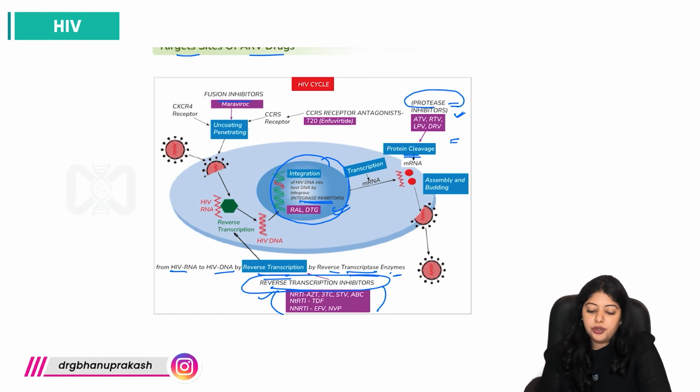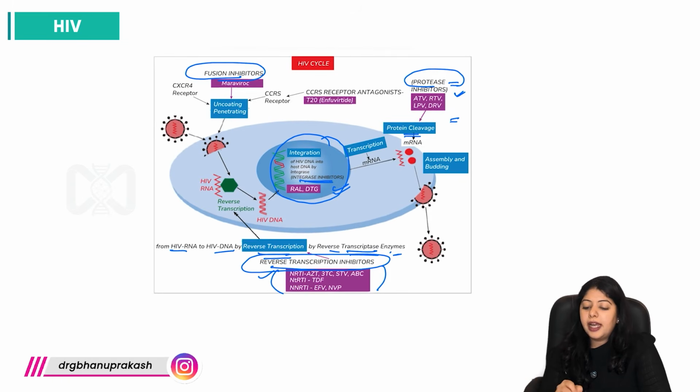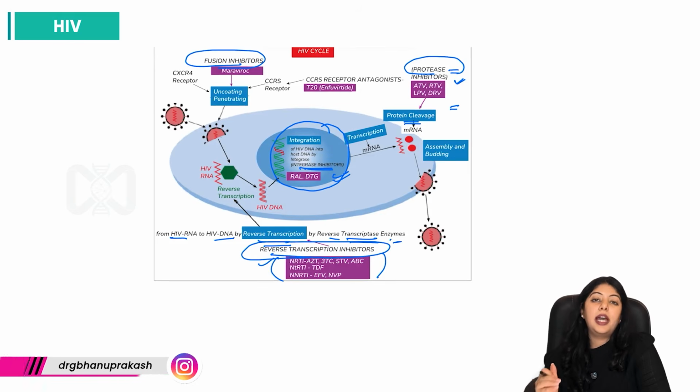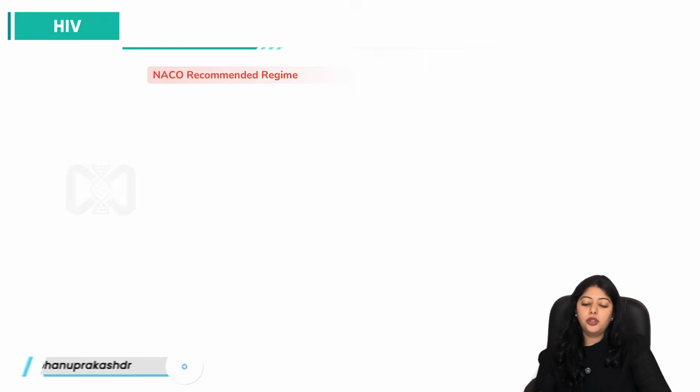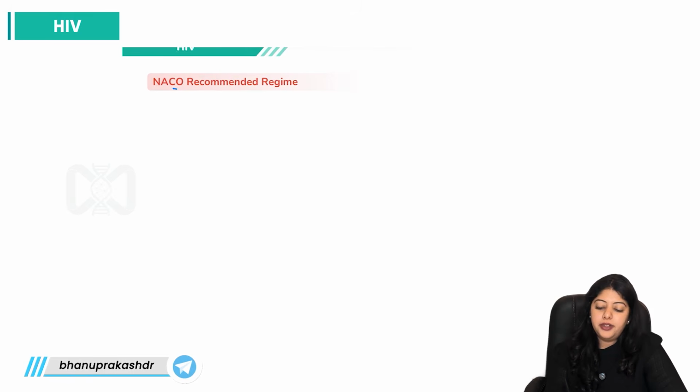Then we have fusion inhibitors. These are the major categories we have spoken about, and these are the target sites for HIV therapies. So what is the NACO recommended regimen and what does NACO say? We have already discussed that we are supposed to treat all patients.